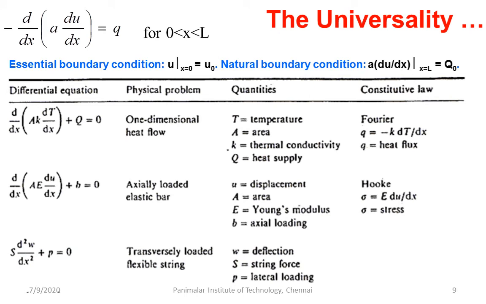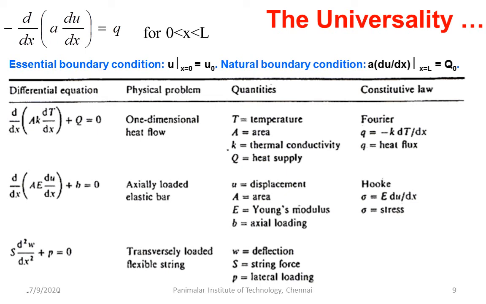Earlier we found that a second order differential equation is the mathematical model for the taper rod problem. Similarly, there are many other physical phenomena, and all of them can be defined by a second order differential equation.